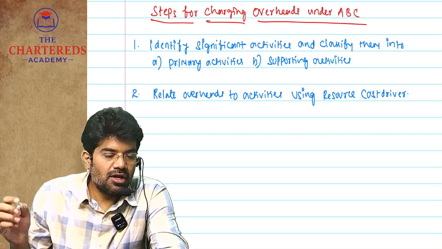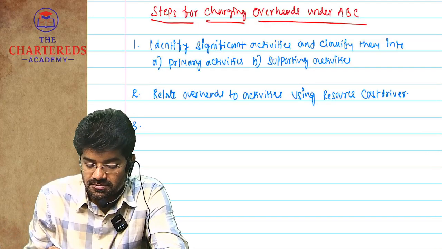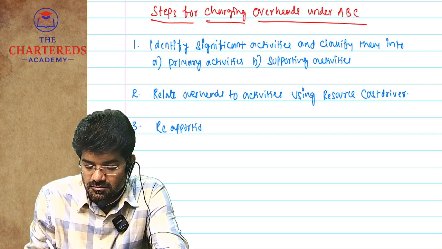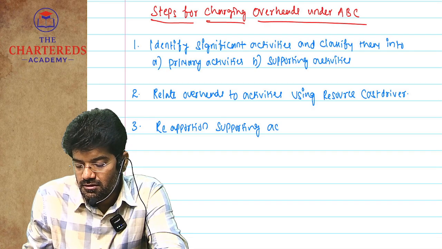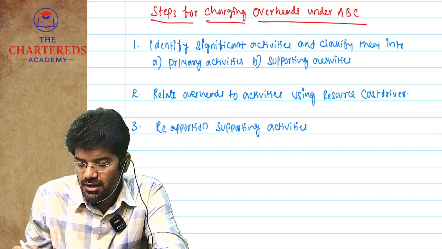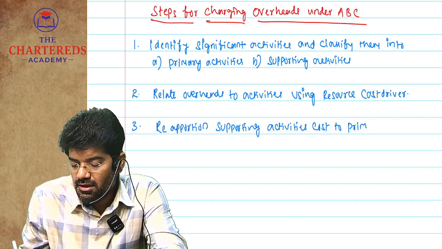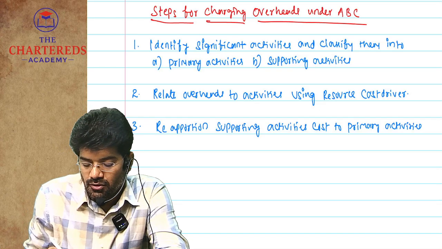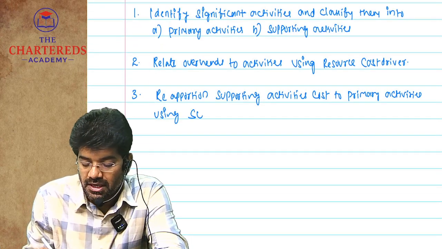Then supporting activities we should reapportion to primary activities. Reapportion supporting activities cost to primary activities using a suitable basis.